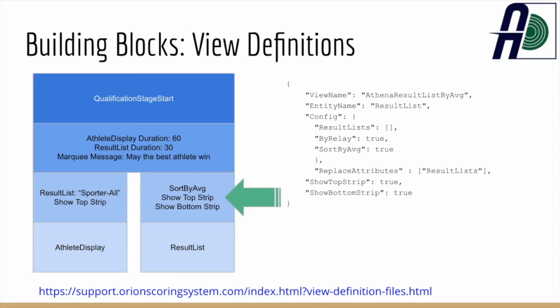From the third to bottom line, we're using the generic option here to allow Orion to fill in the name of the result list, the most important result list for that particular match that you're running. And in this particular example, the bottom 2 lines say, yes, go ahead and show me that top match information strip, and show me the bottom marquee information strip.